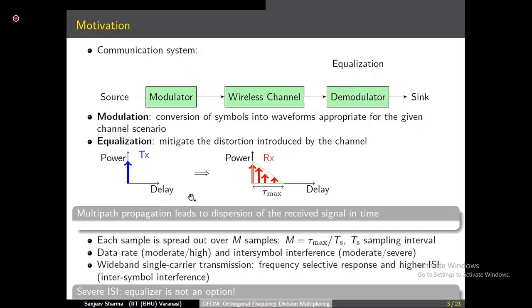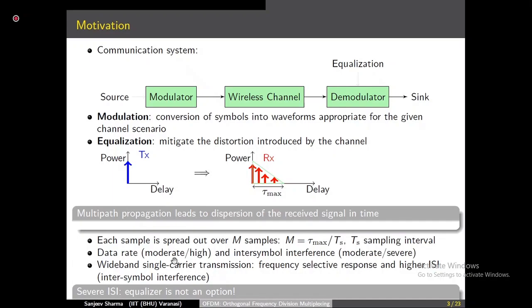So multipath propagation leads to dispersion of the received signal in time. Let each sample be spread out over m samples. So if you send one sample, you will get m samples. Here m, the number of samples, is equal to tau max, the maximum delay spread, divided by the sampling period Ts. So if we send just one sample, we will get m samples due to the delay spread of the channel.